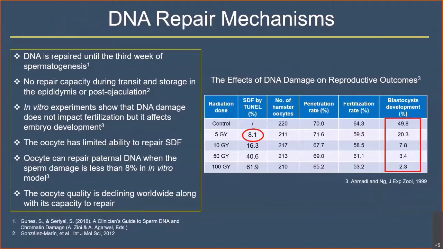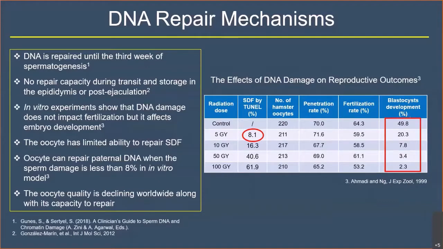Here on the right side, I report a table from an in vitro study. In this study, as you can see, there are increased rates of sperm DNA fragmentation, and in the table is reported its association with reproductive outcomes such as penetration rate, fertilization rate, or blastocyst development.